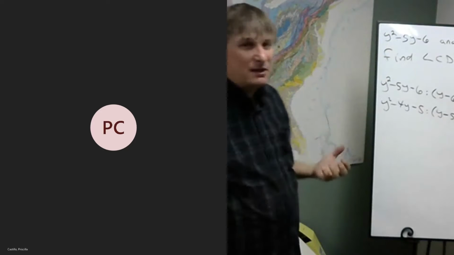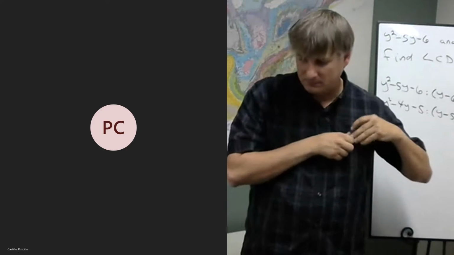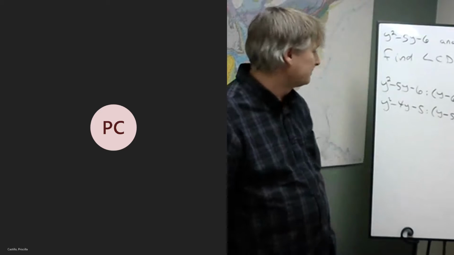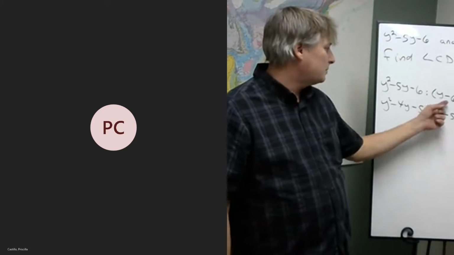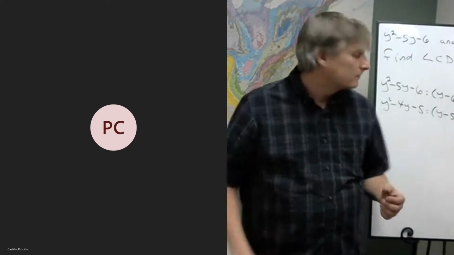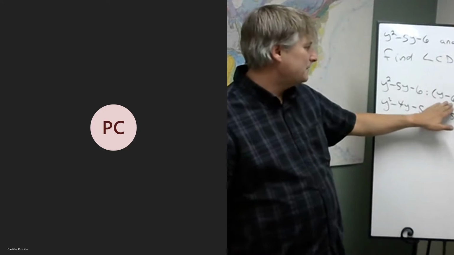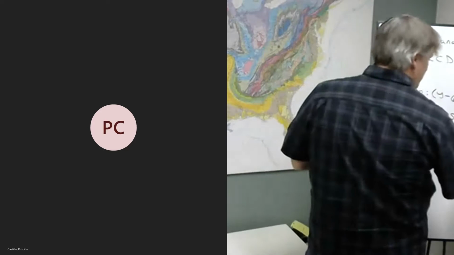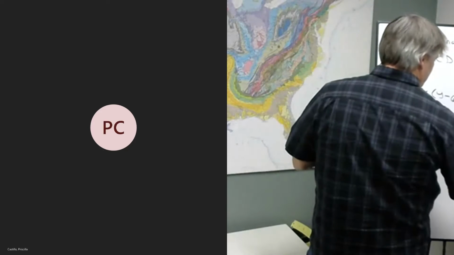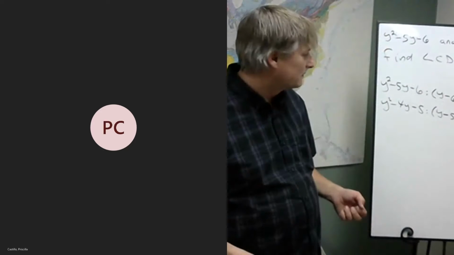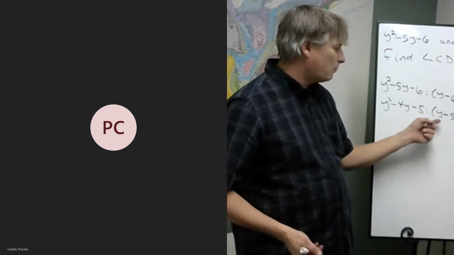So to find the LCD, we want to make these factorizations the same. So this one has a y plus 1, and this one has a y plus 1. So that's covered. Y minus 6, though, is not found here, so we better include it. And remember, when we do LCDs, we always include factors, we never remove them. And then this one here needs that y minus 5.